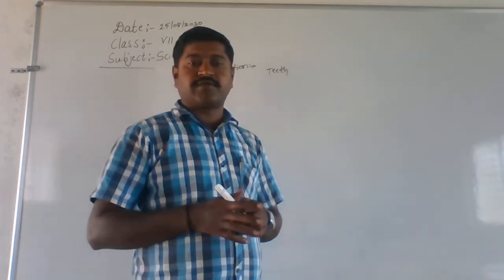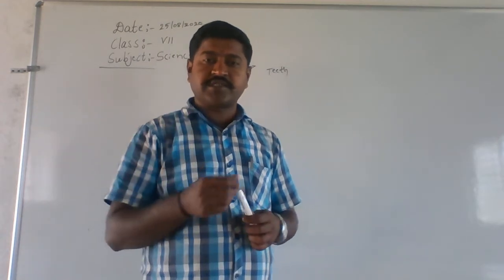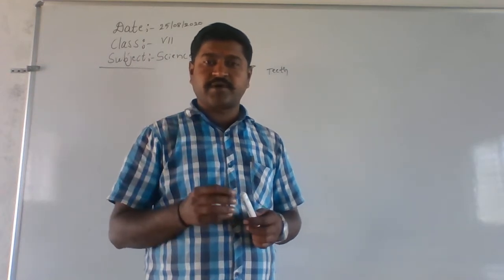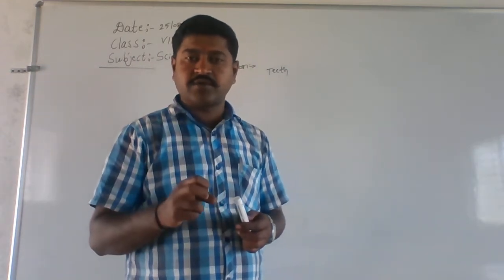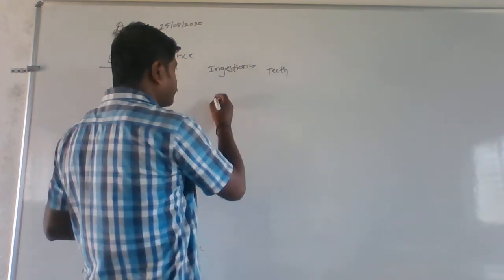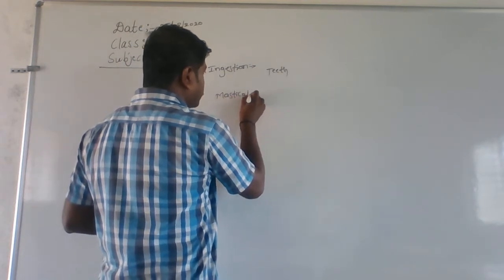The food which is consumed mixes with the saliva in the mouth, and then the teeth present in the mouth break that food into small pieces. This process we call mastication. What is that?